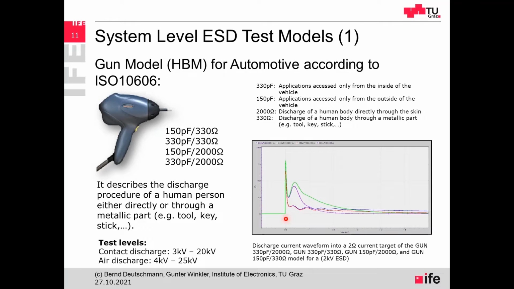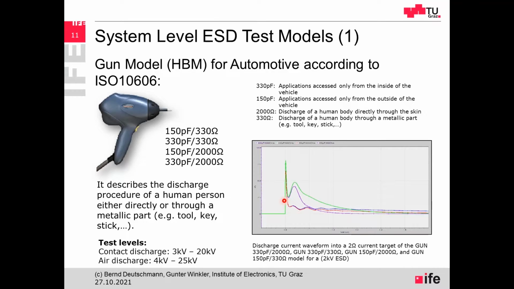For example, here in this HBM model for the system level test, you can see a first rising sharp edge of the current. So the current is rising pretty fast. And then afterwards, you can see this typical electrostatic discharge that you might have seen before in this HBM model for the IC level.